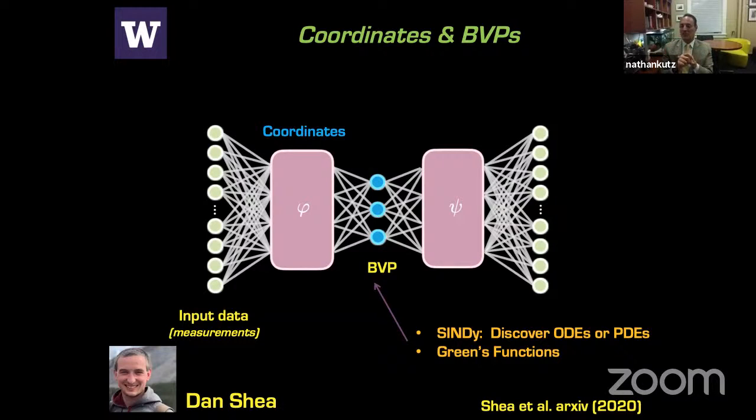And even more recently, and this will probably be up on the arXiv in the next couple of weeks, we can take a nonlinear boundary value problem, learn a coordinate transformation to make it linear, and then get the Green's function, the fundamental solution. So now you have a way to find Green's functions for nonlinear boundary value problems by using this coordinate transformation. I'll stop there, take questions, and let's take a 5-minute break.